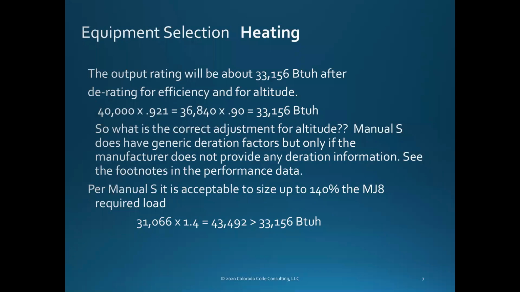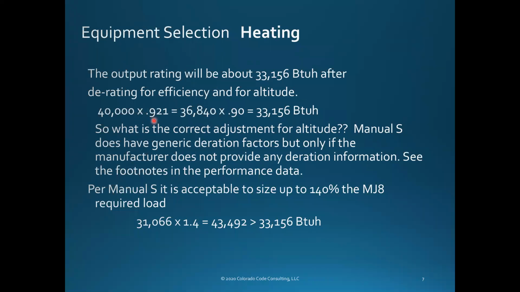So we're going to take a look at this here. It says I'm going to have an output rating of a little over 33,000 for this particular unit, after we derate for altitude and efficiency.